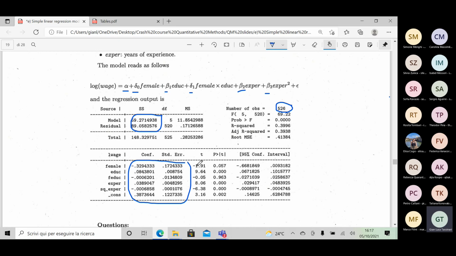How can you compute the p-value in this case? The p-value is the probability that a standard normal random variable will assume a value smaller than this one, multiplied by 2. The probability that a standard normal random variable will assume a value bigger than this one, multiplied by 2.